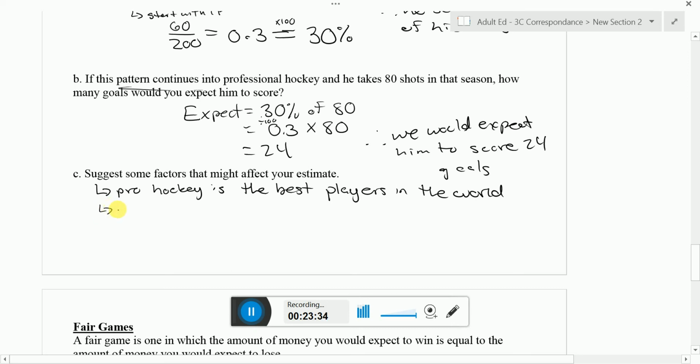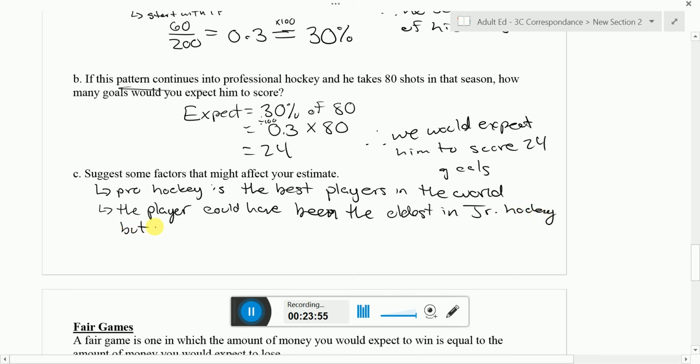So our player could have been the oldest in junior hockey, but once he moves to the pros, he could be the youngest in pro hockey.